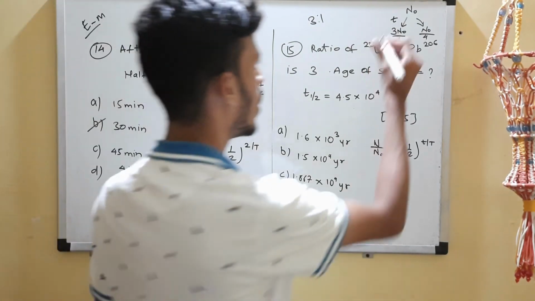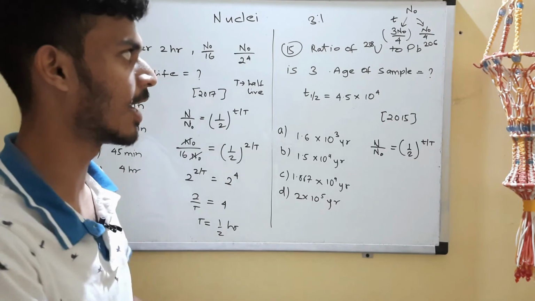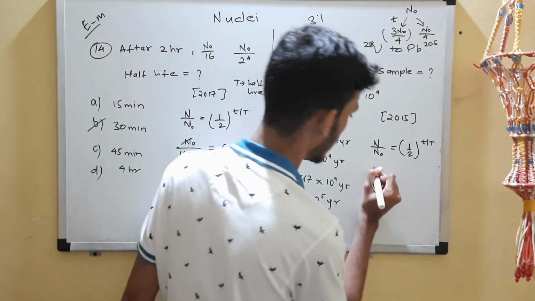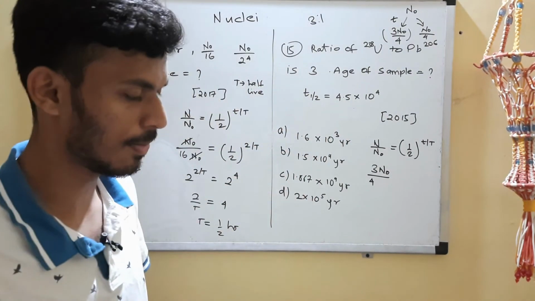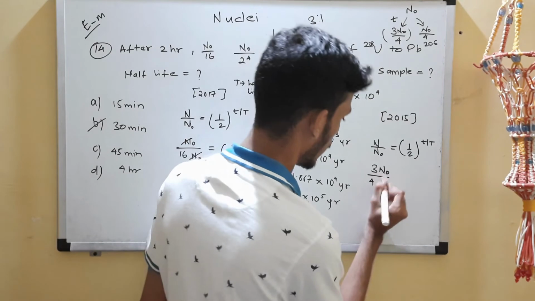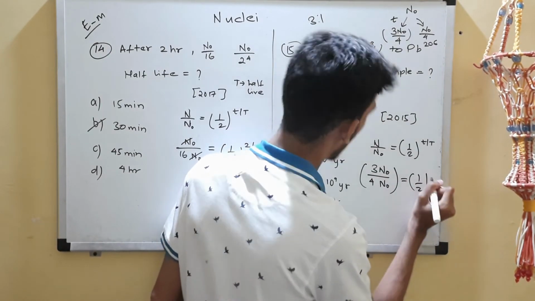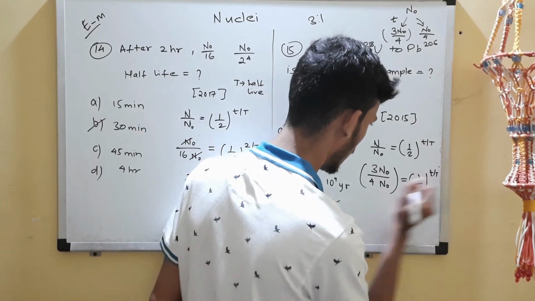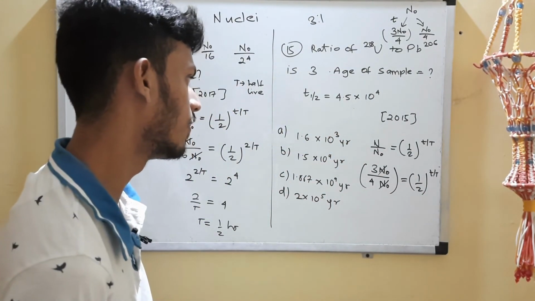So the amount of uranium remaining is 3n0 by 4, right? After time t, the amount of uranium is 3n0 by 4. That is the amount that is remaining undecayed. This has already decayed into lead, and here you'll have n0. Now just solve this. Half-life, I'll substitute it later. n0 cancels, and what can we do next?